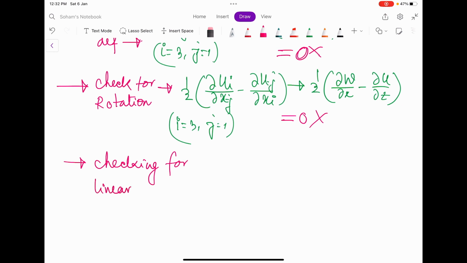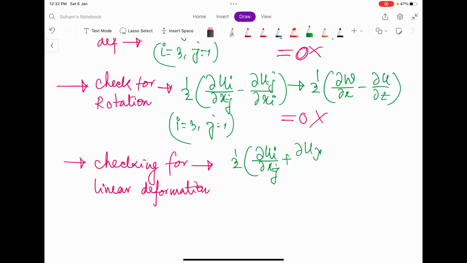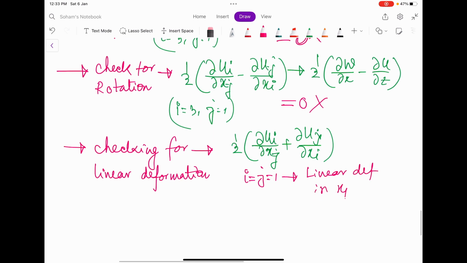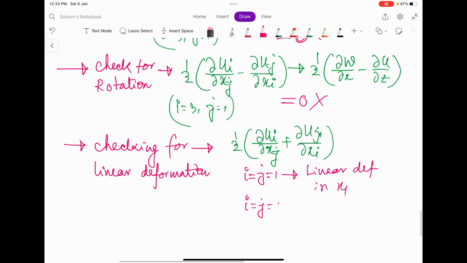linear deformation, right? So this will be the same expression, because deformation is given by this expression. Now i equal to j equal to 1 to see the deformation. This will be a check for linear deformation in x1 direction, and for i equal to j equal to 3, this will be the linear deformation in x3 direction.